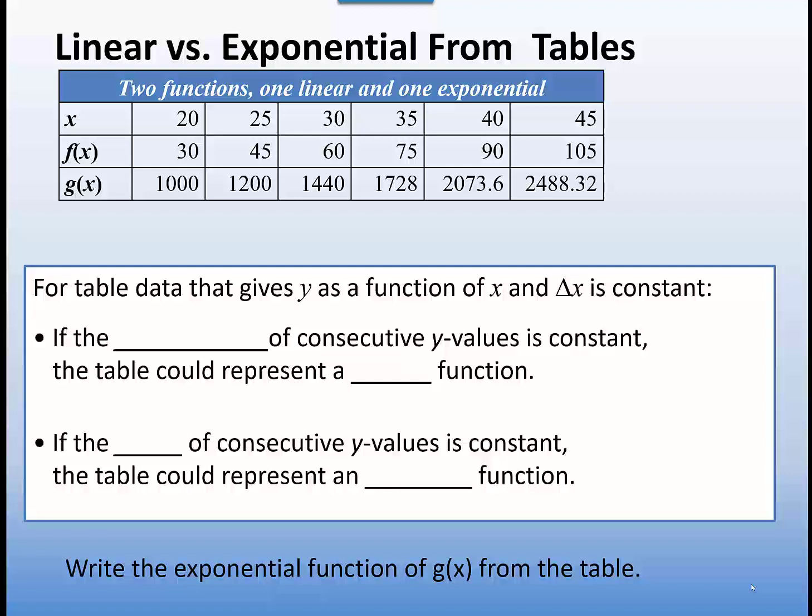Now, things to remember: linear functions grow by adding. The slope increases the y value each time. So you're adding a little bit, you're adding a little bit, you're adding a little bit.